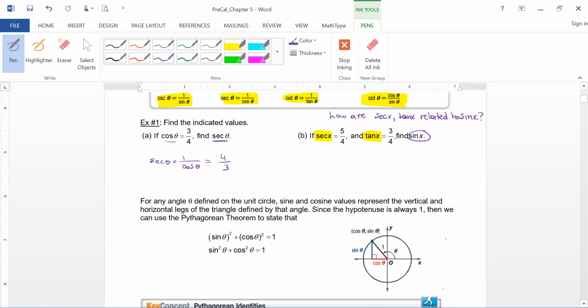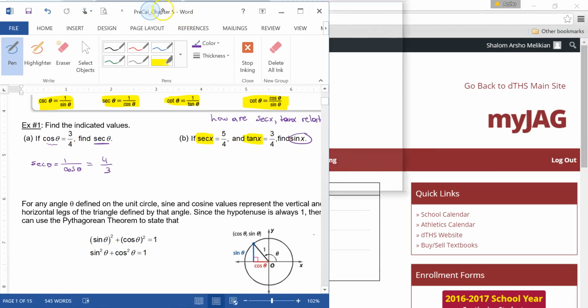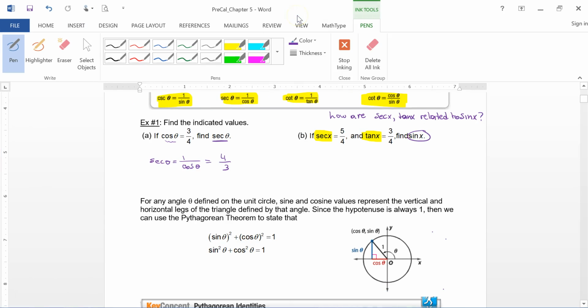Well, I know that tangent of x is sine x over cosine x, right? And what's secant x? 1 over cosine x.